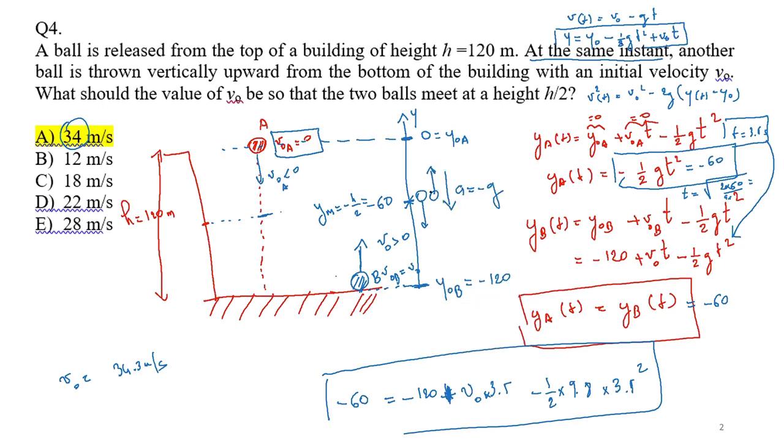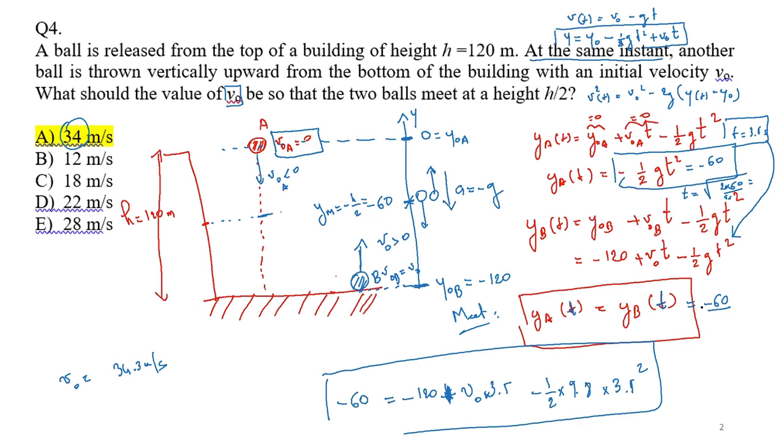Now this is why I ask you, what should be the value of V naught so that the two balls meet at H divided by 2? So this is why I said, when they meet, Y of A at the meeting time is equal to the Y of B at the meeting time. And it should be minus 60, because that's what I want.